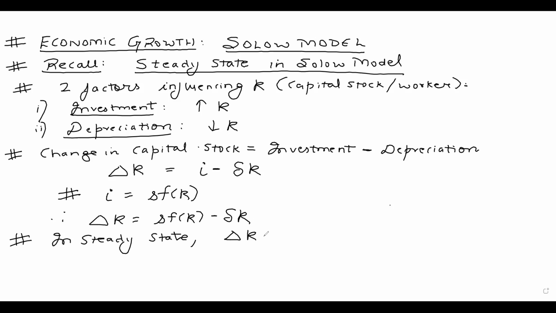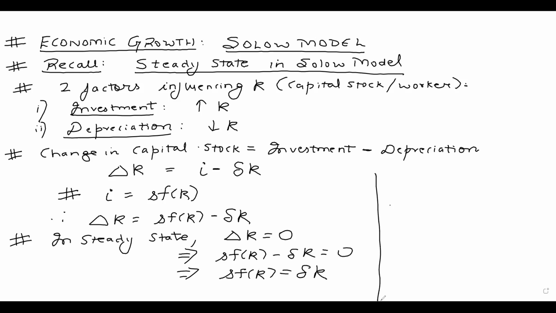And then we had said in steady state, our change in capital stock per worker should be equal to 0, which implies s f of k minus delta k should be equal to 0, which implies s f of k should exactly be equal to delta k. So what was the steady state condition?